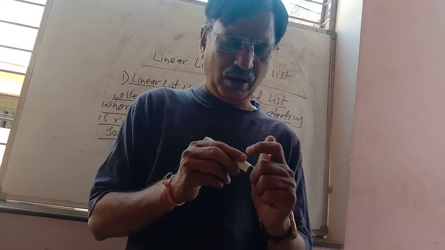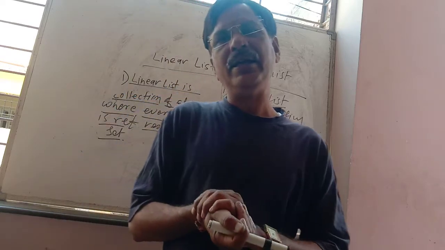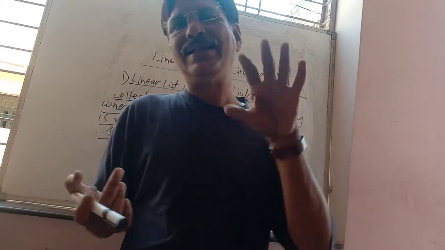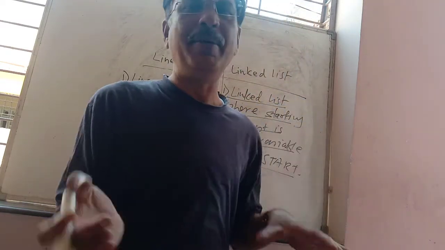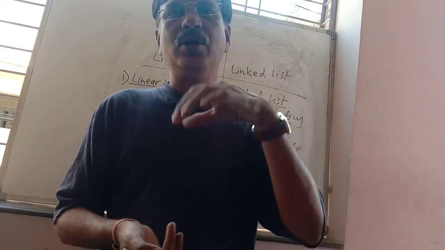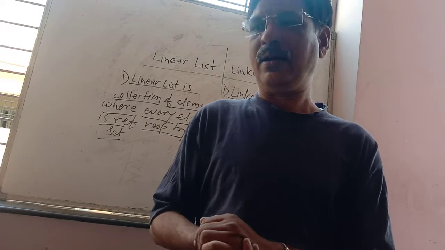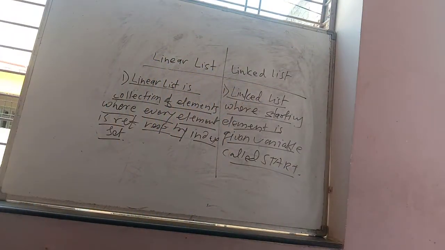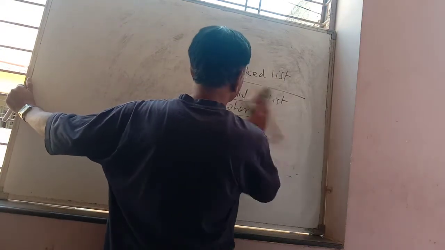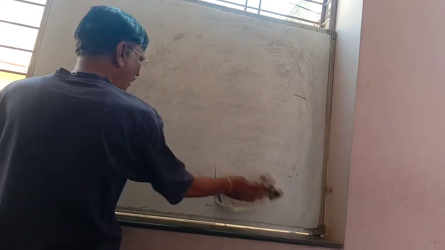It means that in a linear list, the first element is the element with the smallest index, whereas in a linked list, the first element is not the one with the smallest index; rather it is shown by the variable called start. Okay, now one more example that we are going to see.